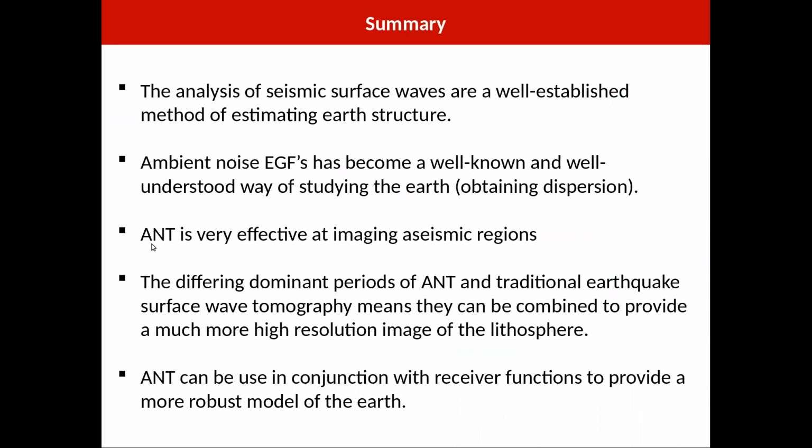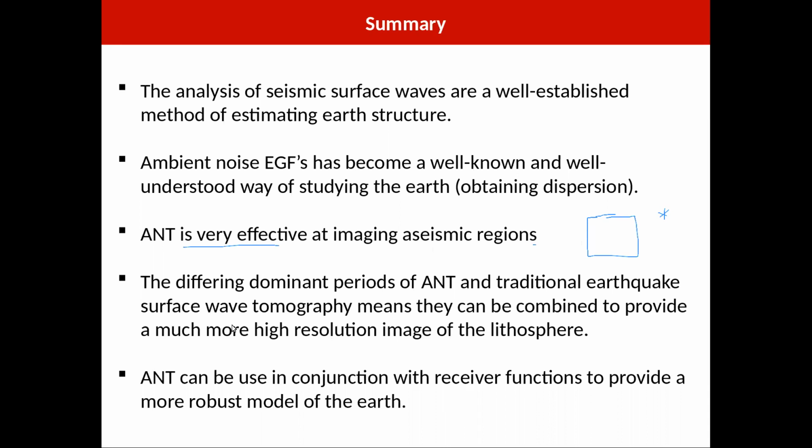Why this is important is because the ambient noise method allows us to image aseismic regions, in cases like I explained where there are no earthquake sources or only infrequent earthquakes. Then you can really use just the noise sources and the station distribution to get a constraint on the velocity model of your region of interest.